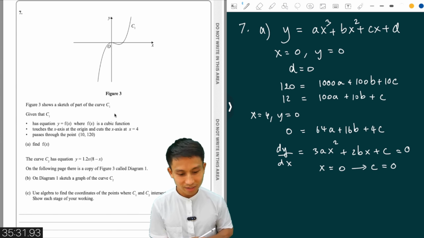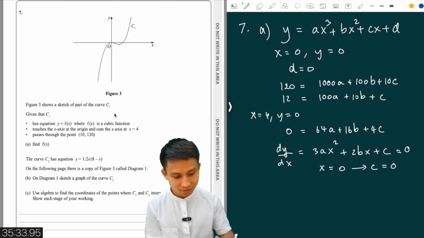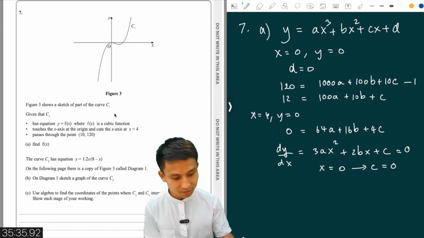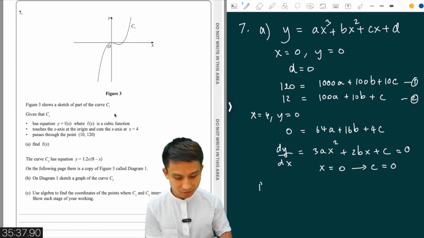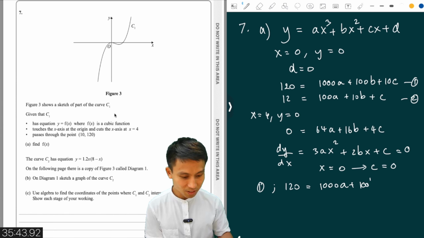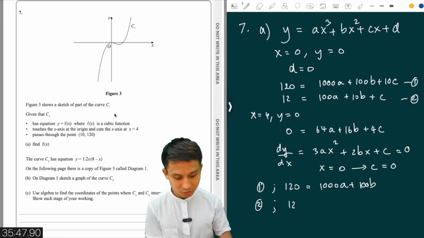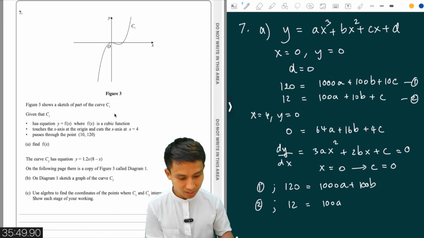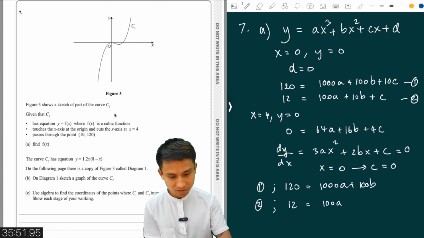So if c is 0, the first equation becomes 120 equals 1000a plus 100b, because c goes away. Wait, no, those are the same equations, sorry.